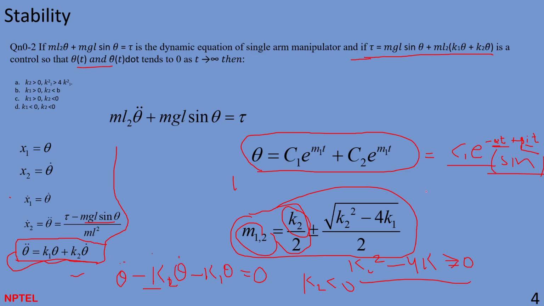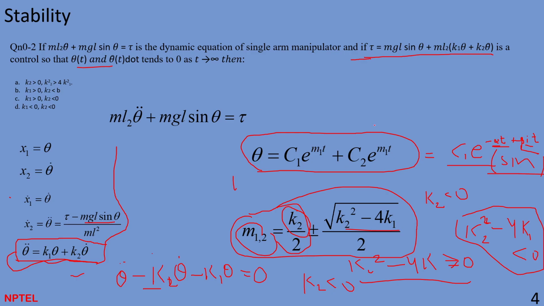In that case, k2 should be negative, and k2 square minus 4k1 should be less than 0. If it is less than 0, then that will make the roots imaginary. So there are two components, but for that imaginary component, if you solve it, e to the power of it will turn out to be a sin t plus cos t.